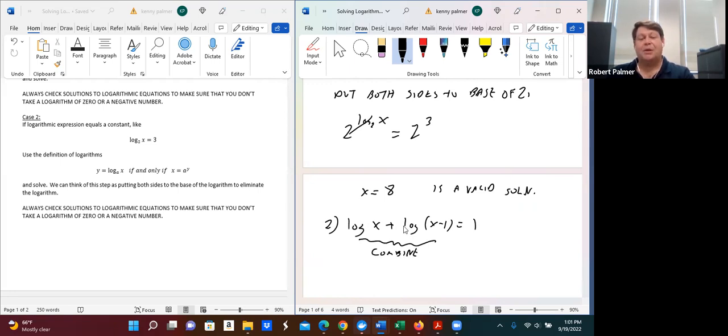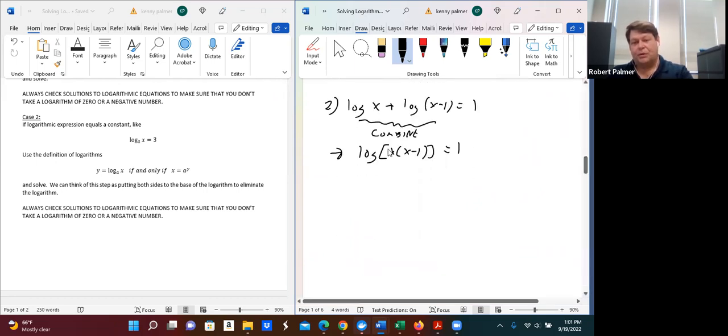Since we have the same base log, and we're adding, that means we multiply what's on the inside. That gives us log base 10 of x times x minus 1 is equal to 1. I'll just go ahead and distribute this, and so we have log of x squared minus x is equal to 1.